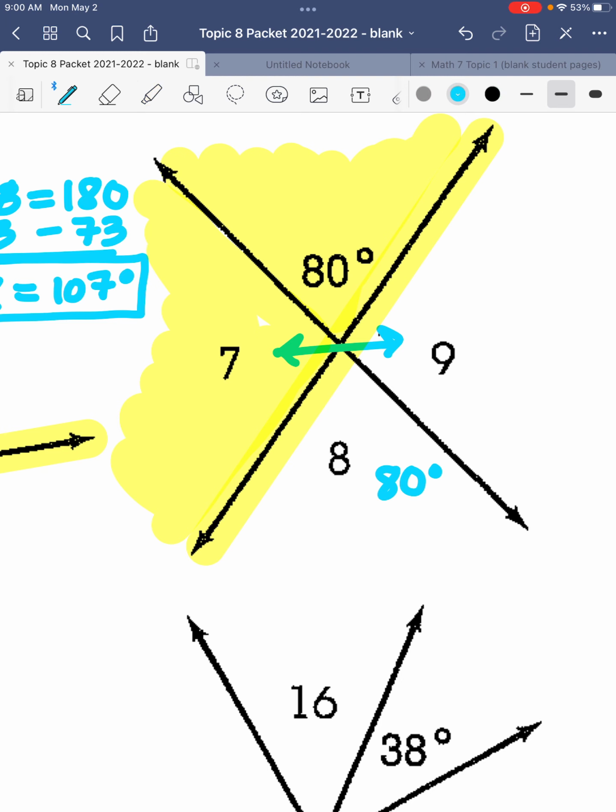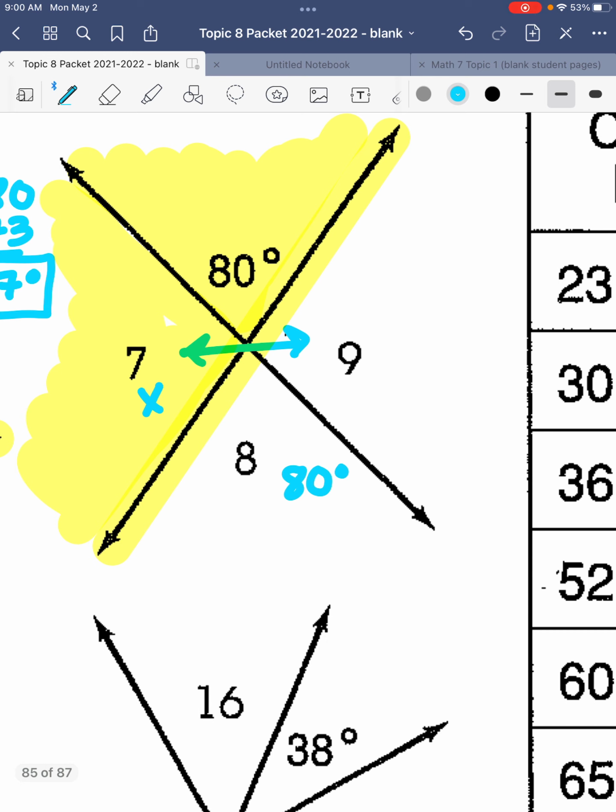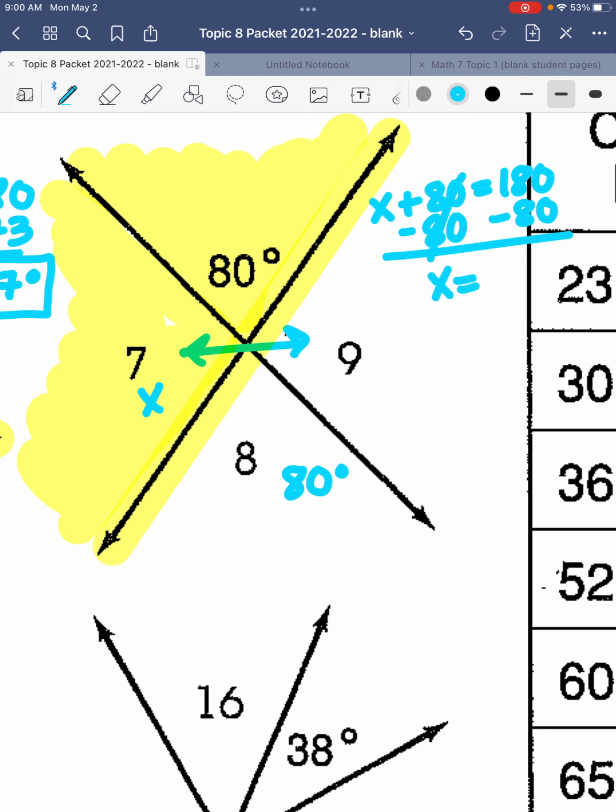So could I call angle 7 x and write an equation that would look like x plus 80 equals 180? I could. Then I could solve for x. So I would subtract 80 on both sides. My 80s cancel out, x is by itself, and 180 minus 80 is 100 degrees.